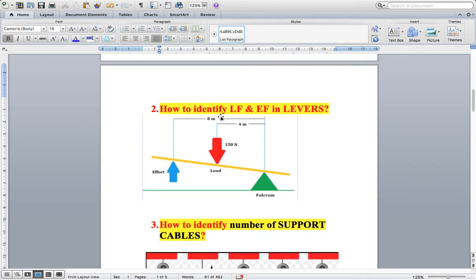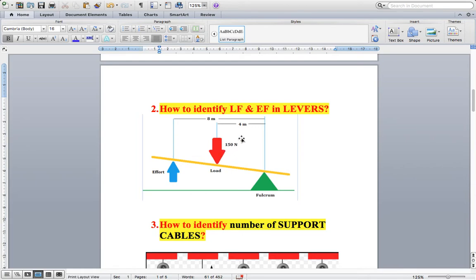Next is how to identify load force and effort force from the question. Before, I told you this is the distance of the effort from the fulcrum, 8 meter. This is the effort distance. Distance of the load from the fulcrum, 4 meter, is the load distance. How to identify load force? You can see the load here. You can see a value here with a Newton unit.